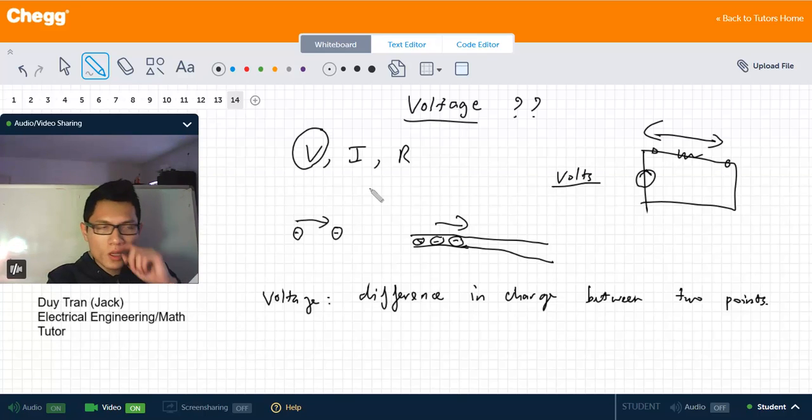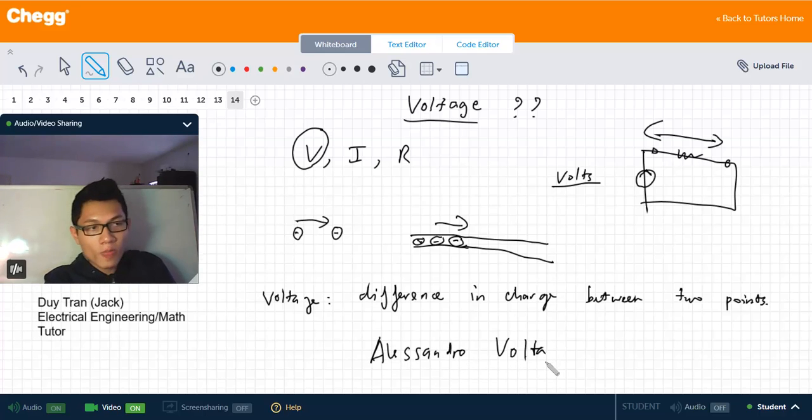The unit volt is named after the Italian physicist Alessandro Volta.